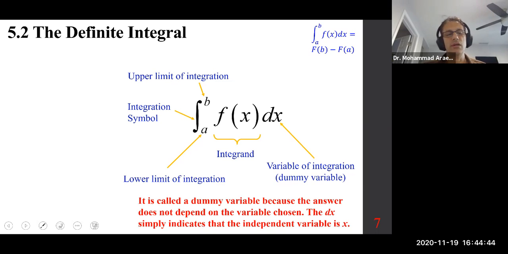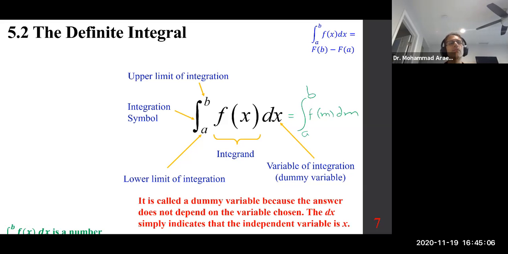If I change that to any other variable, it gives me the same answer. Just as an example, class, this is the same as the integral from a to b of f of m dm, it makes no difference, okay? It gives us the same answer.